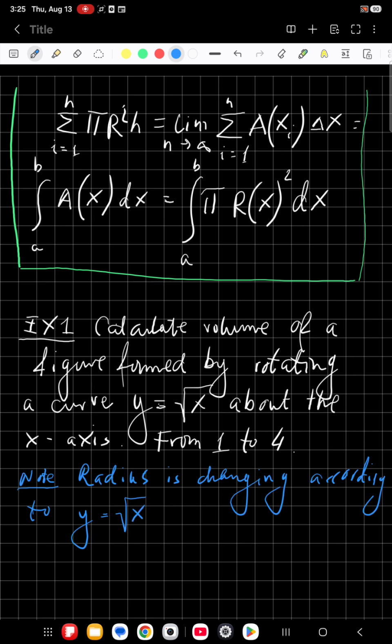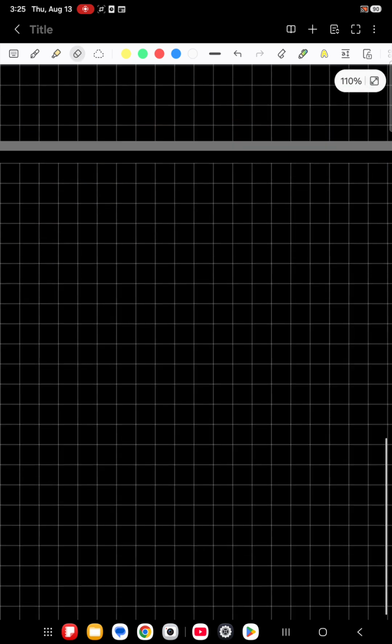Okay, so now the volume, let's write that formula, will be a definite integral from 1 to 4. Oh, maybe before we actually start solving the problem, let's graph it.